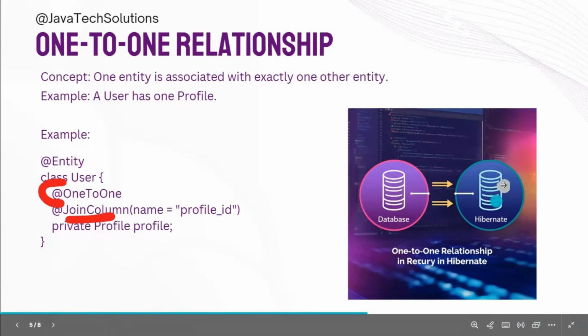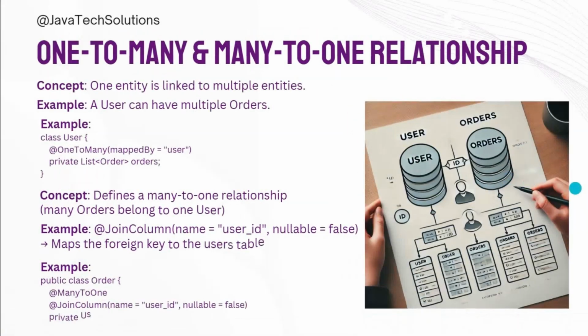Next we will talk about the one-to-many and the many-to-one relationship. Here, think about how you are going to map a parent-child relationship in a database. Imagine a company having multiple employees. How do you represent this in JPA? For that we need this kind of annotations.